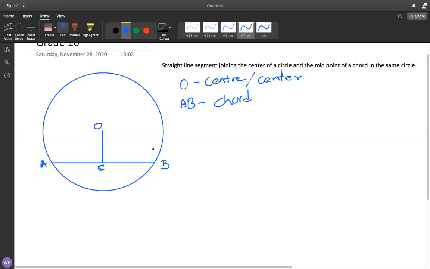C will be the midpoint of the chord. So AC will be equal to CB.